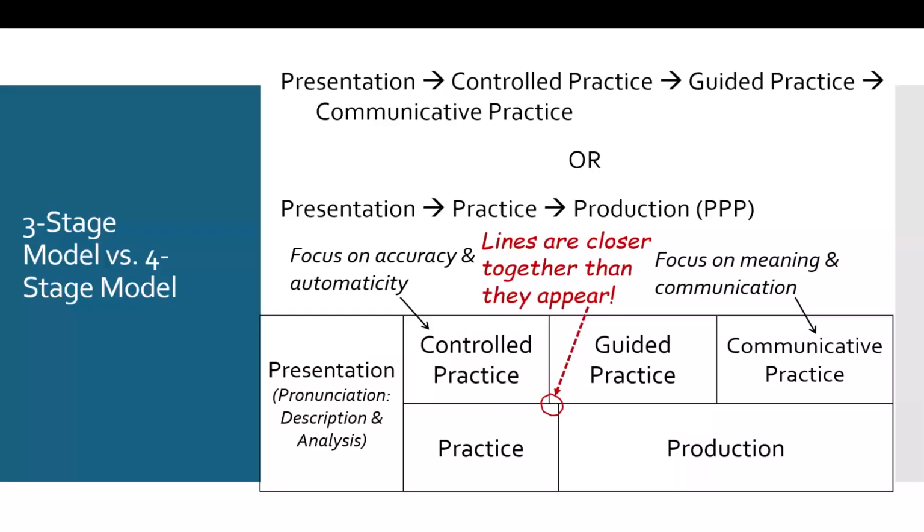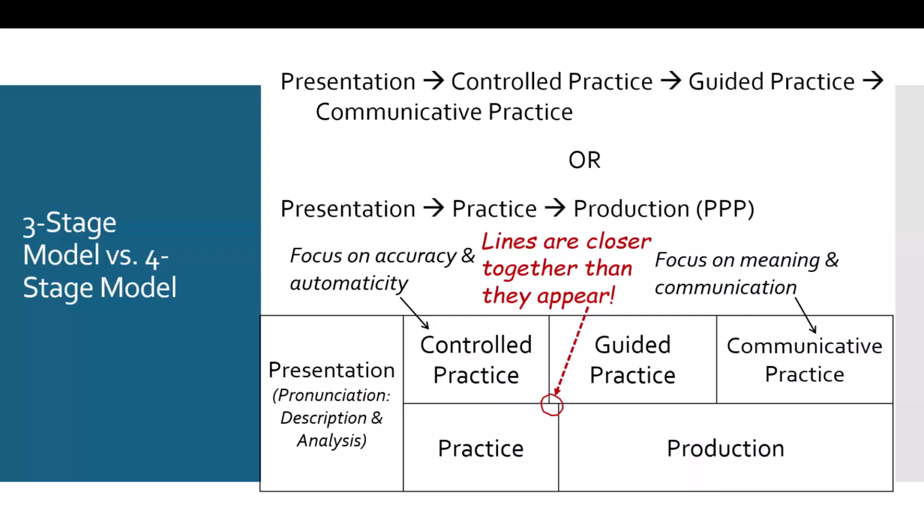You don't do PPP because you only want 2 activities, and you think with controlled, guided, communicative, I'd need 3 activities. No. I don't know how many controlled practice or just practice activities you need. It depends on your students, depends on what they're learning and how hard it is. Depends on if they've learned it before.